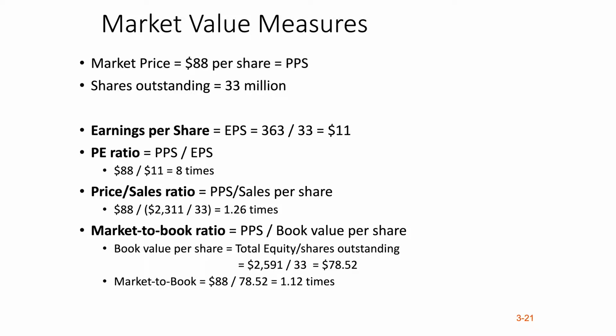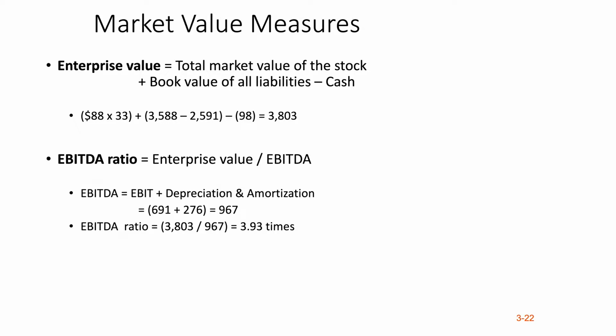So here is the enterprise value, which is the total market value of the stock plus book value of all liabilities minus cash. They assume that if you pay what the market evaluates, it gives you the value in addition to the cash you hold, right?